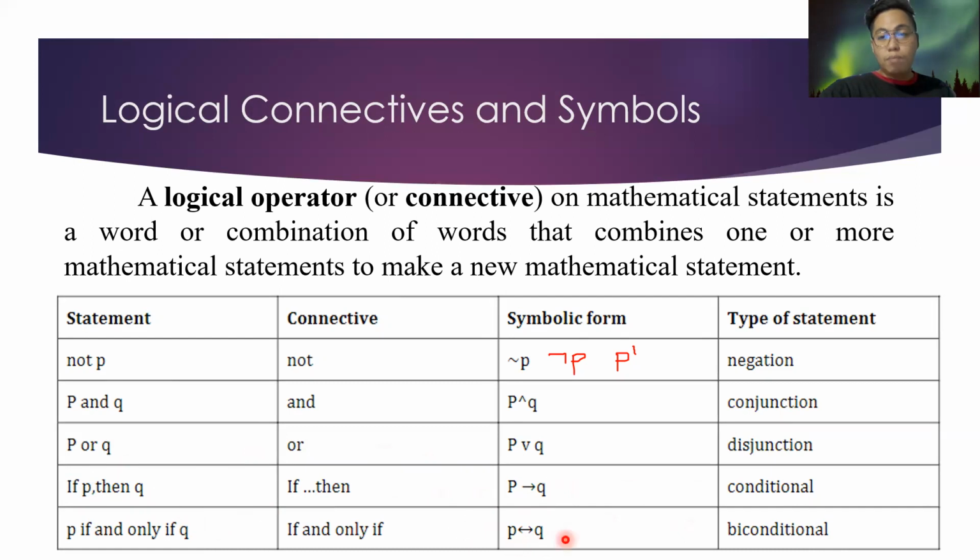So they are both conditions. This shows the relationship from the first and second statement. Unlike the previous one, it's from P to Q. The last one, the biconditional, shows the relationship between the conditions from P to Q and Q to P.